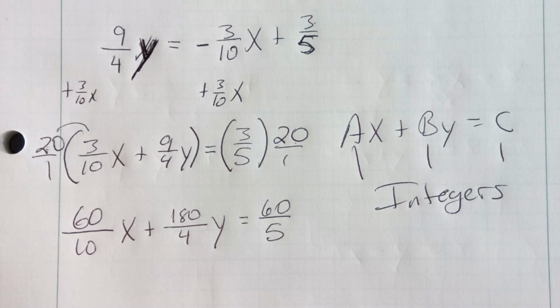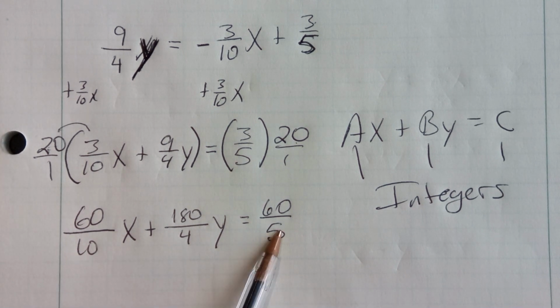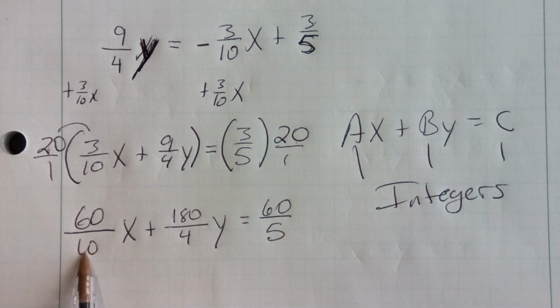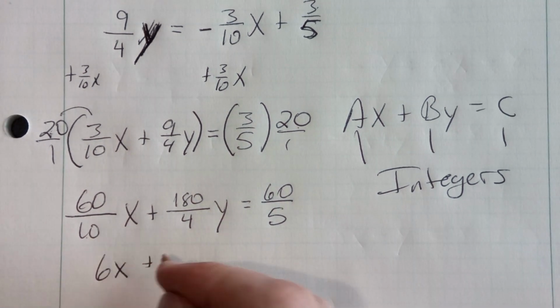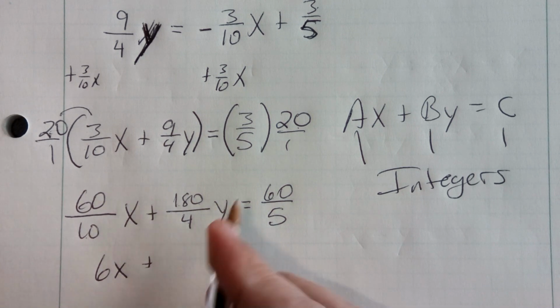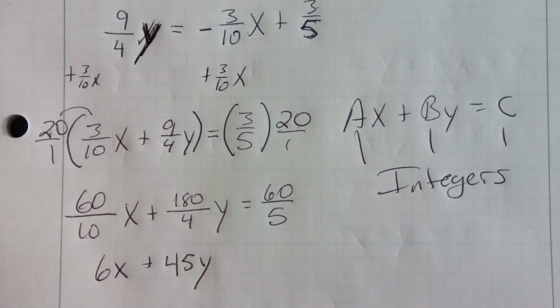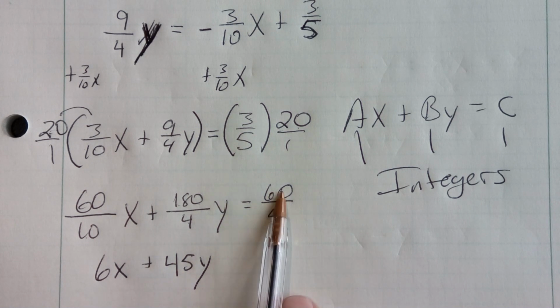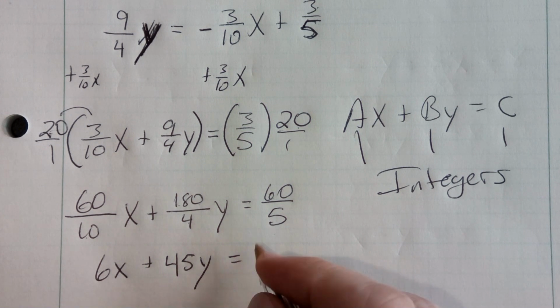And now guess what? All 3 of these fractions are going to simplify or reduce. 60 over 10 reduces to 6x plus 180 over 4 is going to reduce to 45y. 60 over 5 is going to reduce to 12.